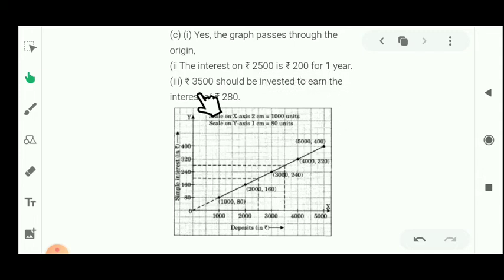Similarly, rupees 3500 should be invested to earn the interest of rupees 280. You can see 3500 will be here, that means its interest will be between 240 to 320, that means 280. I hope now you are able to solve the question number 1.